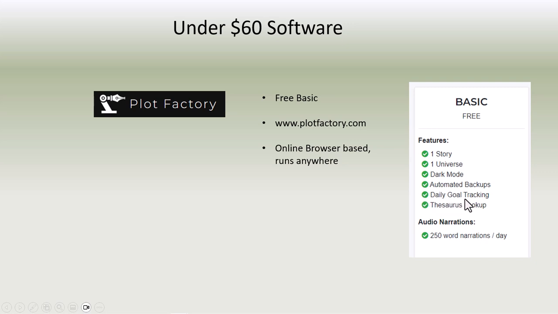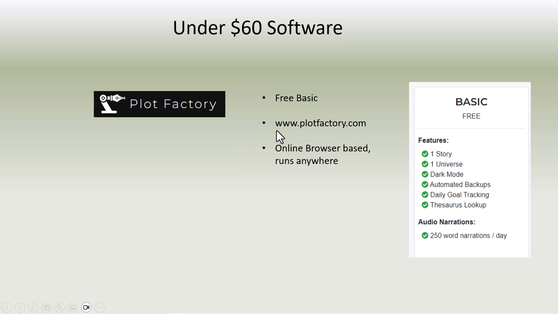Automated backups, daily goal tracking, thesaurus lookup, and up to 250 word narrations. And that is narrating parts of your text, I believe. It does not limit you on how many words you can actually write in a day, but you can only have the one story and the one universe. There are ways to export your story. So after you're done with it, you could export it, I assume, delete it, and start another story.